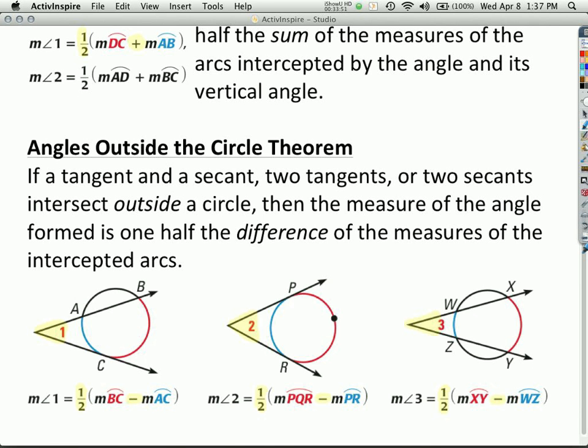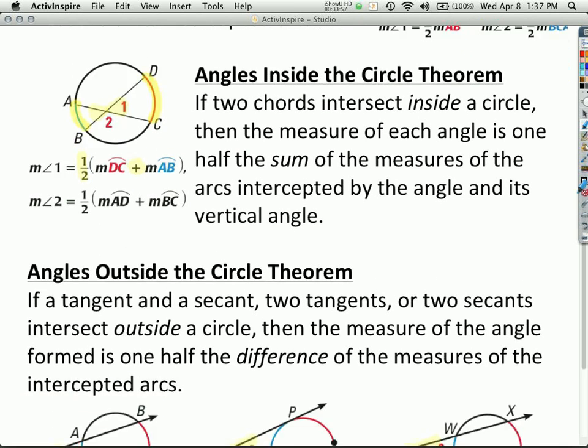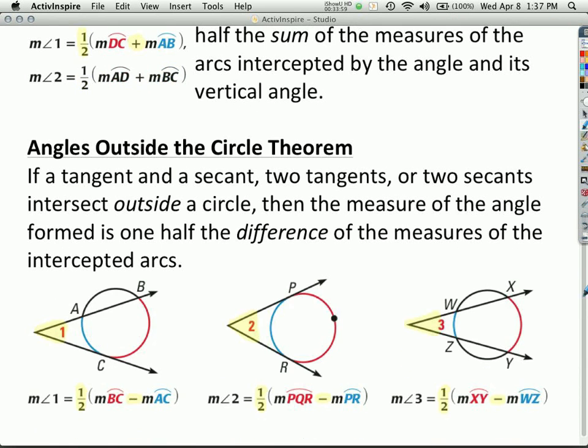So if the lines intersect inside the circle, and you're talking about angles in the circle, you add the arc measurements and then divide by 2, or take half of it. If the segments intersect outside of the circle, then the angle formed will be half of the difference of the 2 arcs. So it is a bit involved now when you throw everything all together.